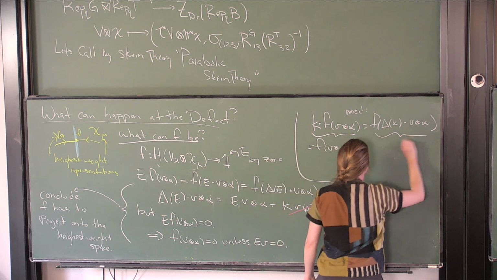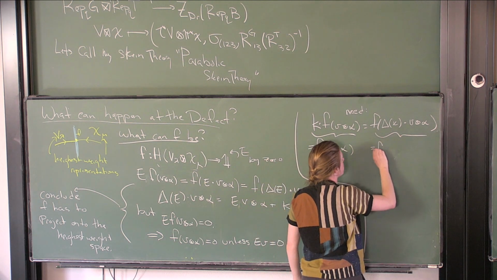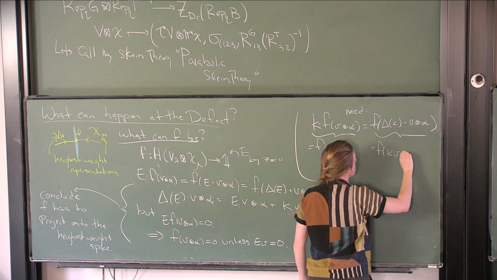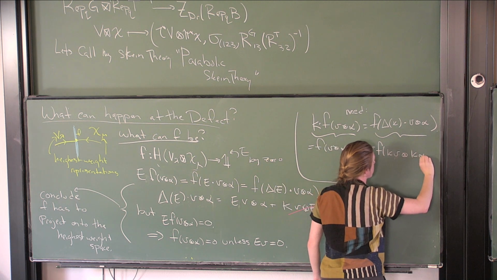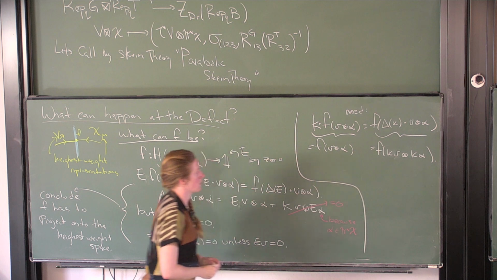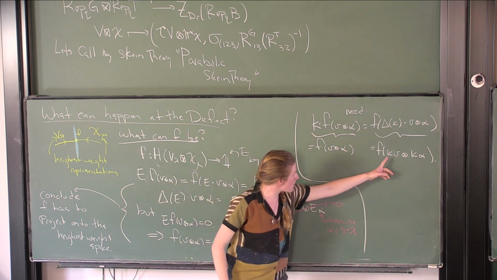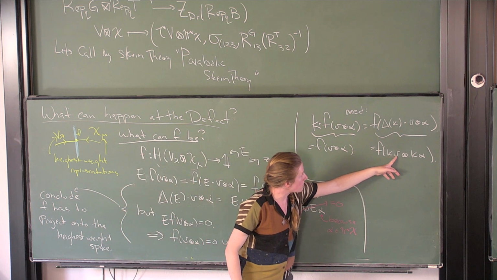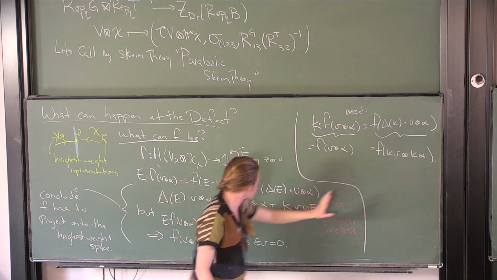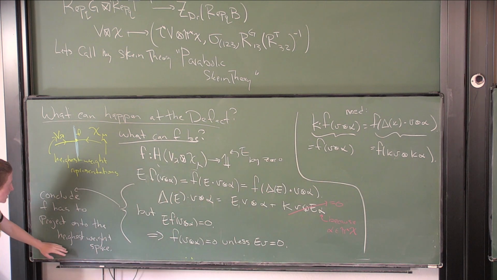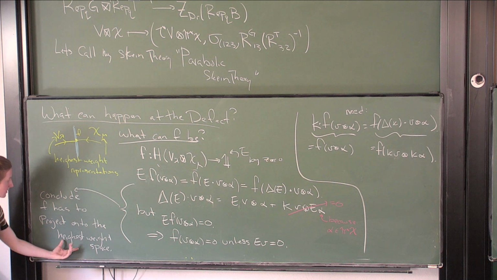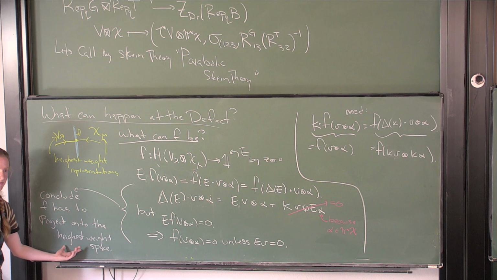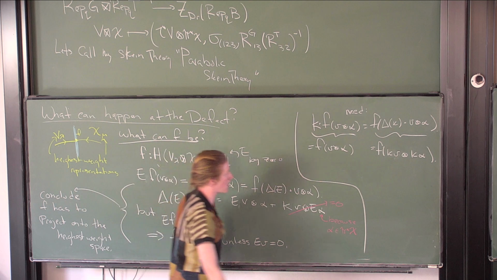And here, this is going to be f of Kv tensor K alpha. So K can act on v, it could be scaling by anything, but I happen to know that the only thing that matters is the highest weight vector. Everything else is going to get killed anyway.